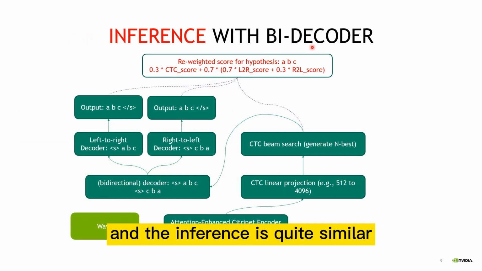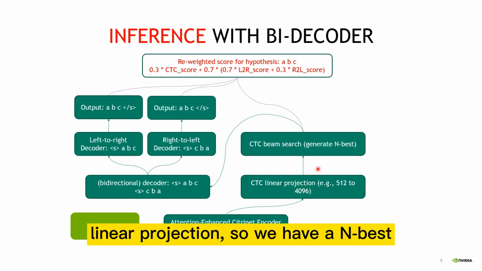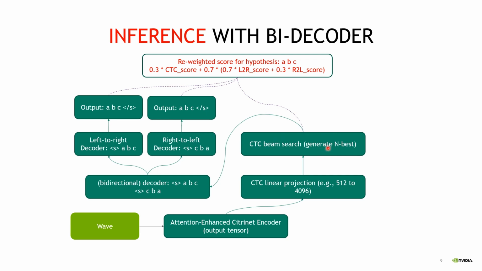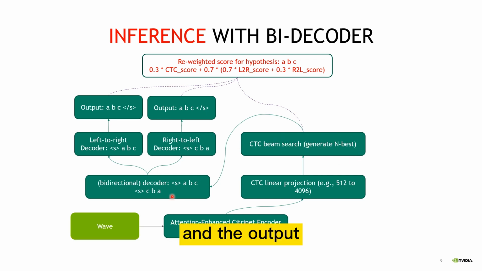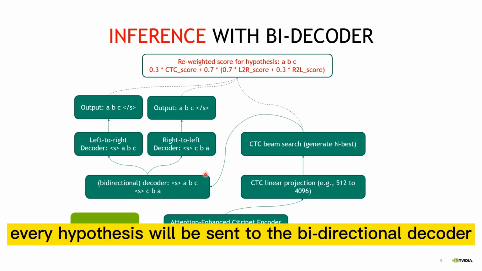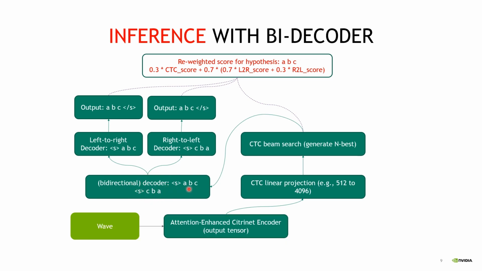And the inference is quite similar. We have a wave input, and we use the encoder and linear projection. Then we get an unbiased output hypothesis from the CTC beam search, and every hypothesis is sent to the bidirectional decoder. This is a non-autoregressive decoder, since we only do the inference once.